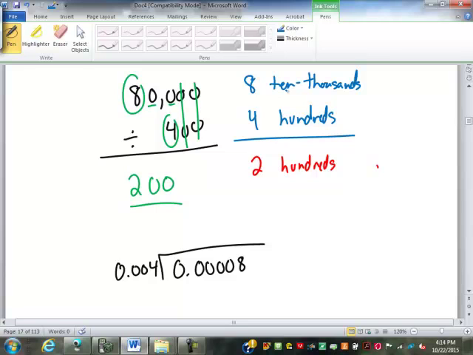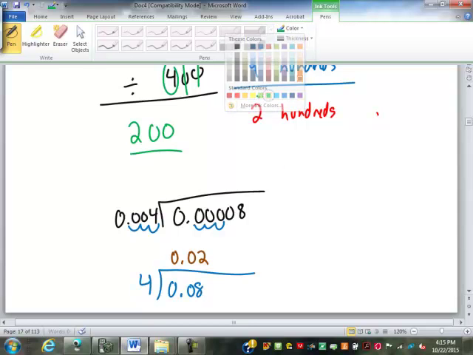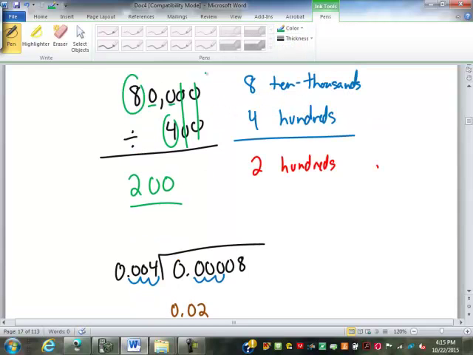If we're dividing something like this. Now remember, technically what we would do is move this over 3 spots. This would be 4 into 1, 2, 3, 0.08. So 0.02, like that. But this same pattern exists as we had up here. 4 goes into 8 twice.